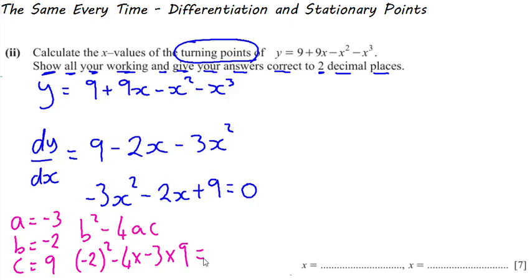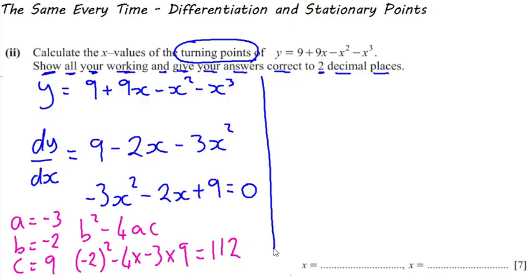So calculator job for this one, negative 2 squared minus 4 times negative 3 times 9, and that's giving me 112. That's the first thing I would do with this. If you follow my method here, you will be showing all your working out and you will be getting the answer. If you need a little bit more practice of this, look at the videos that I posted earlier about solving quadratic equations using the formula.